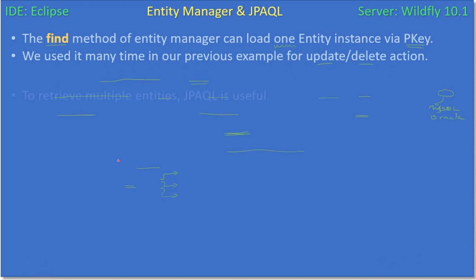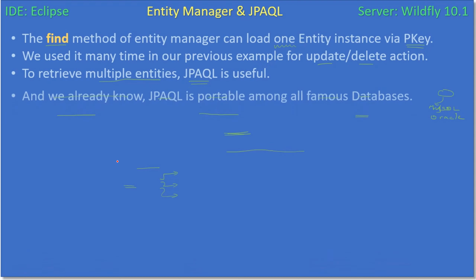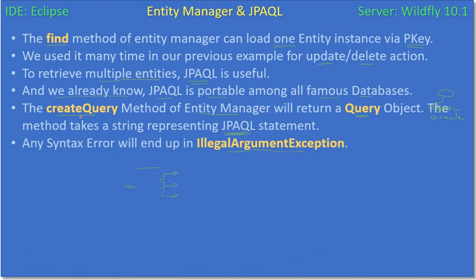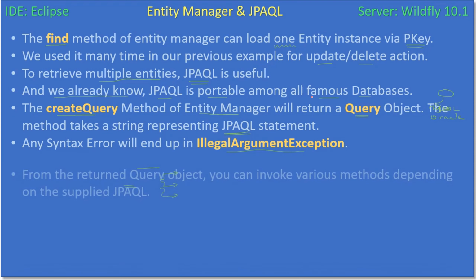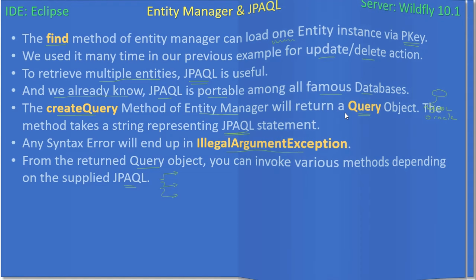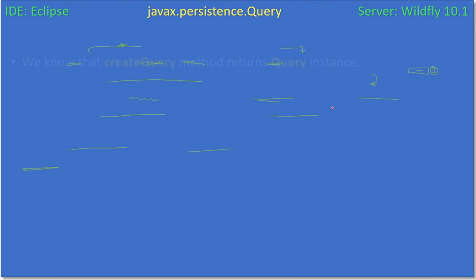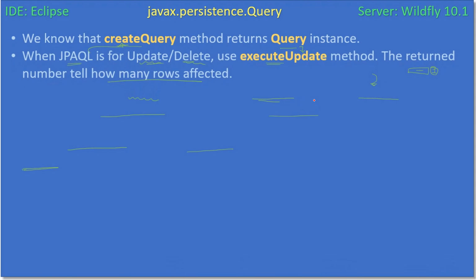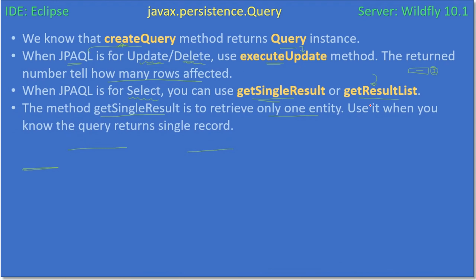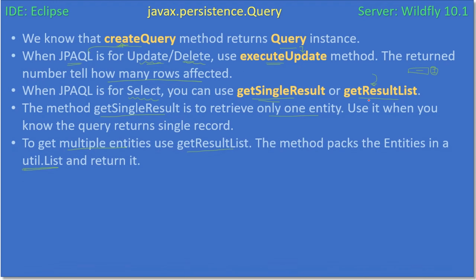Next, we talked about entity manager and Jpql. So entity manager provides create query method, and from the create query we can pass the Jpql and get the query object, and from that returned query object we can make a call to execute update, get single result, get result list, all the stuff.